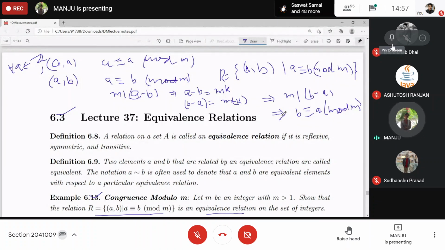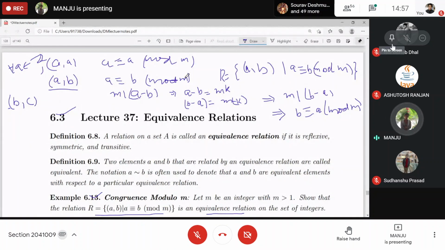What about transitivity? So this is symmetric as well. In transitivity, A is related to B and B is related to C. That is, (A, B) and (B, C) belong to the relation.